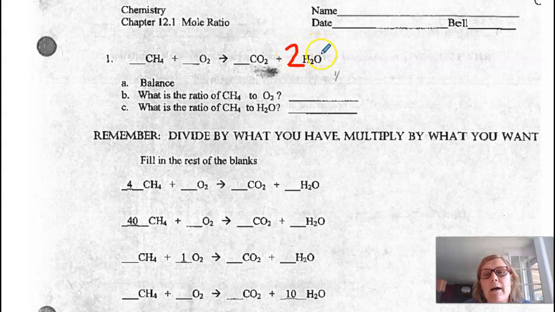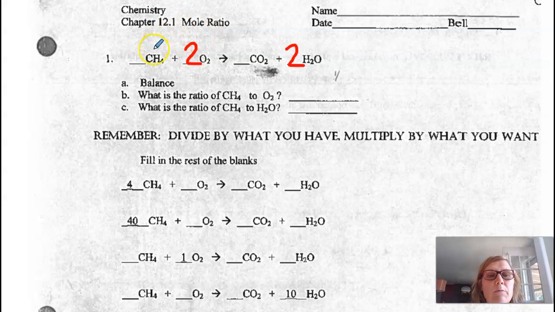For oxygens, I have 2 on the right plus 2 more, which gives me 4, so I need to put a 2 on the left. So now I'm balanced, and my coefficients are 1, 2, 1, 2.